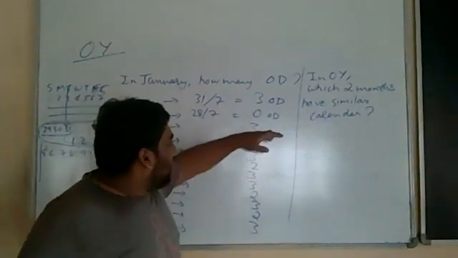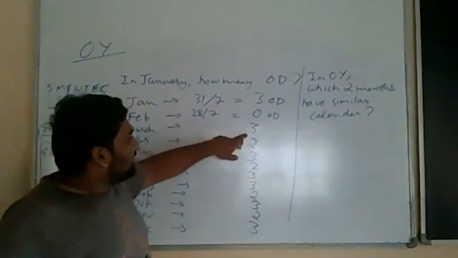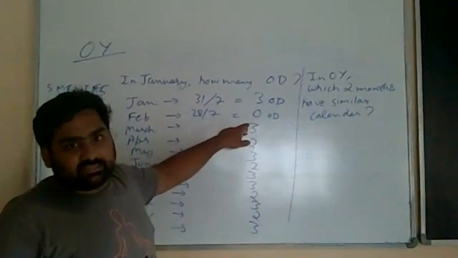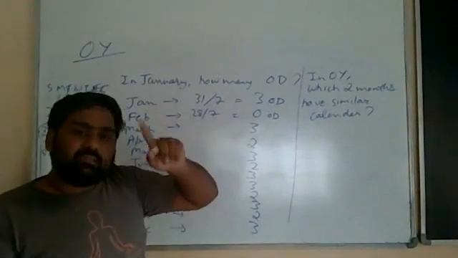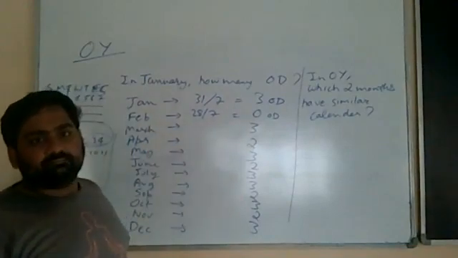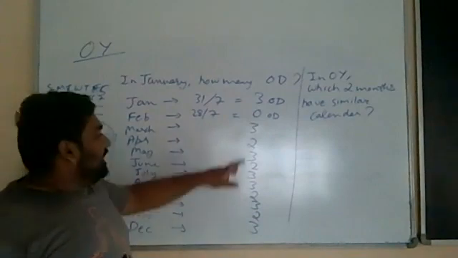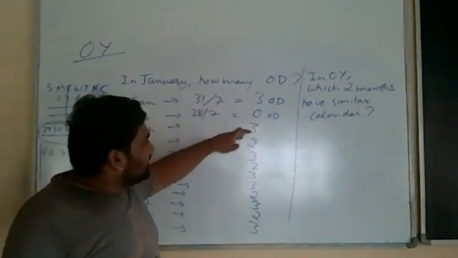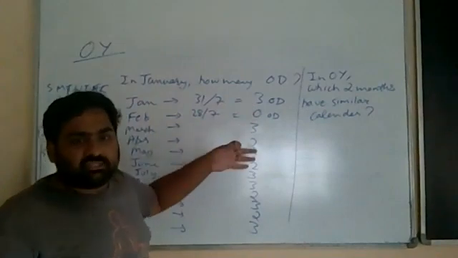Now, once March is over, March has also contributed 3 days. So now 3 plus 3, 6 days are there, which means 1 more day remains for a week to get completed. In April, another 2 days will get added, which means 3 plus 3 plus 2, 8 days are over, which means we have got 1 extra week.